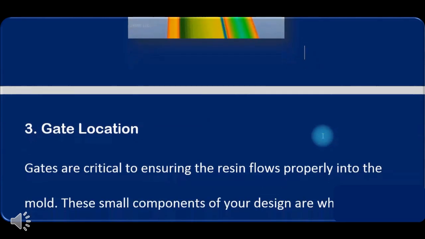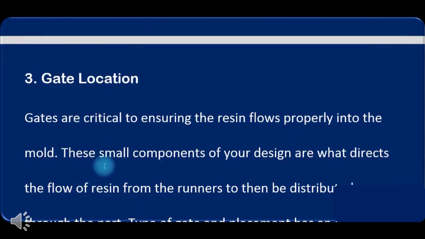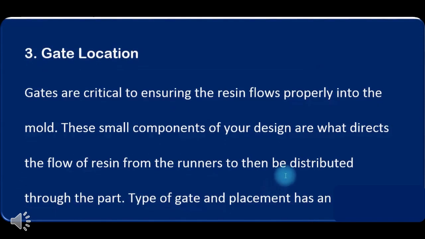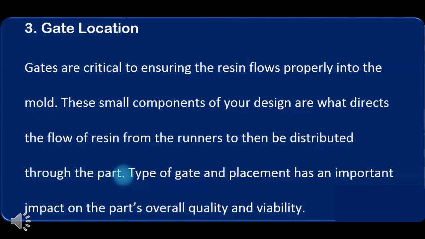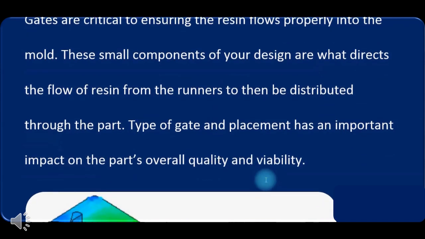Third is gate location. Gates are critical to ensuring the resin flows properly into the mold. These small components of your design direct the flow of resin from the runner to be distributed through the part. Type of gate and placement has an important impact on the part's overall quality and visibility.